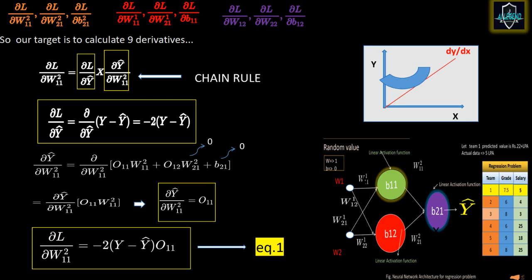So O11 is the resultant. Now, going by this logic, we can write del L over del W211 is equal to minus 2 times (y minus y hat) multiplied by O11, and this is our first equation. First thing we have already calculated.